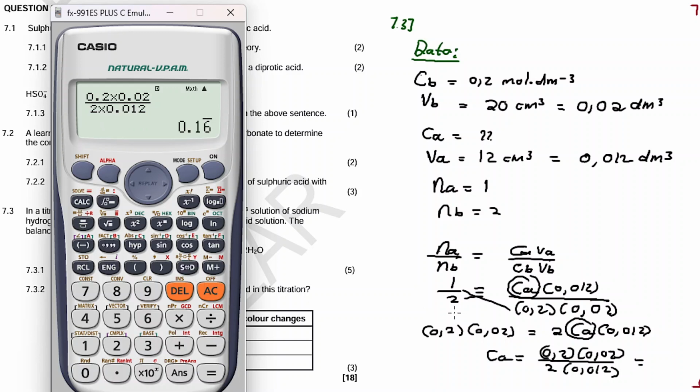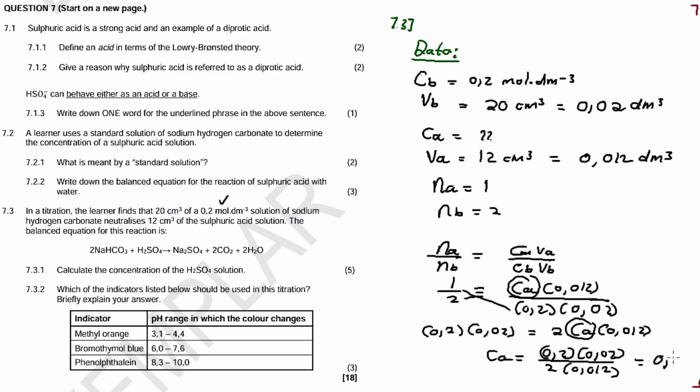Answer: 0.17 mole per cubic decimeter. So this is our answer here. Then go to 7.3.2.